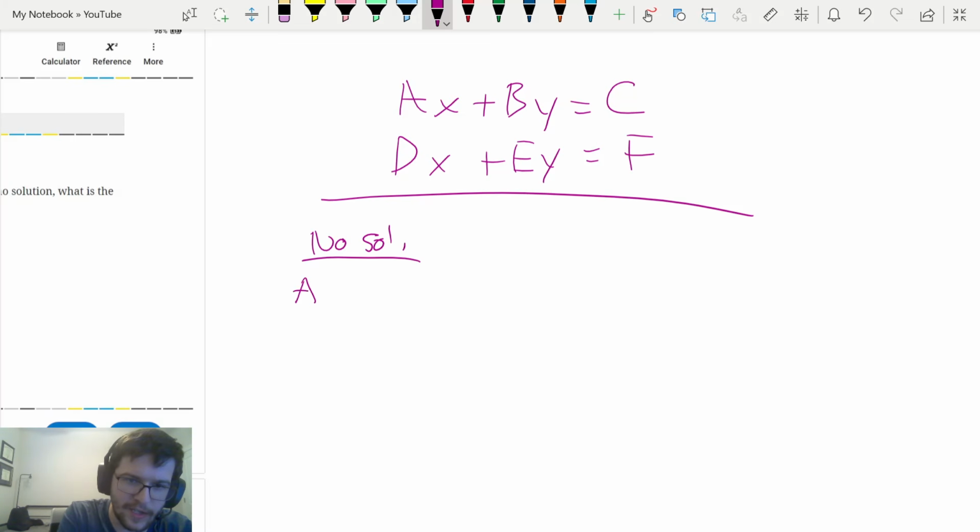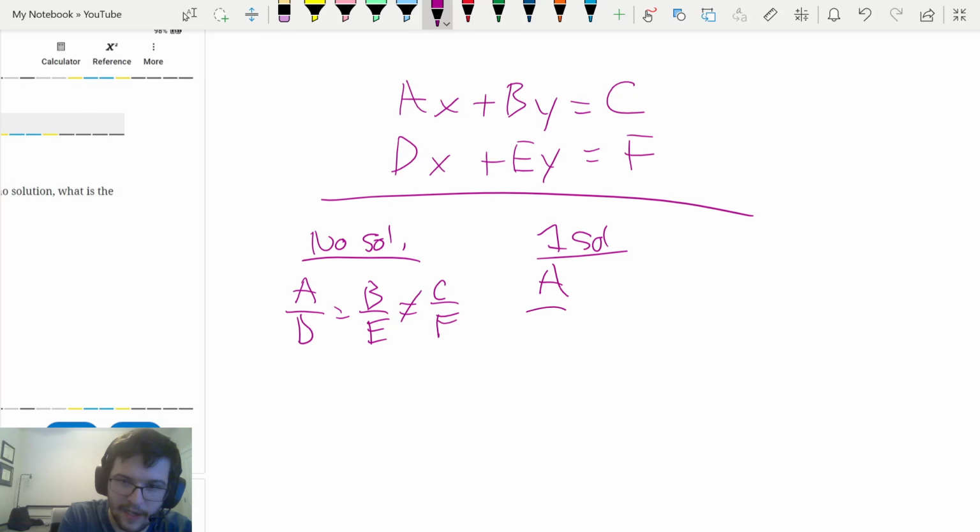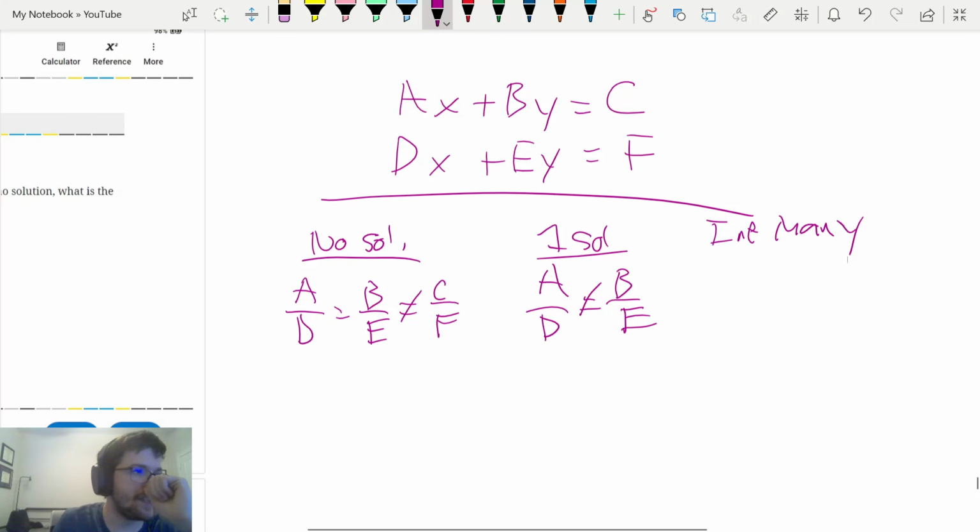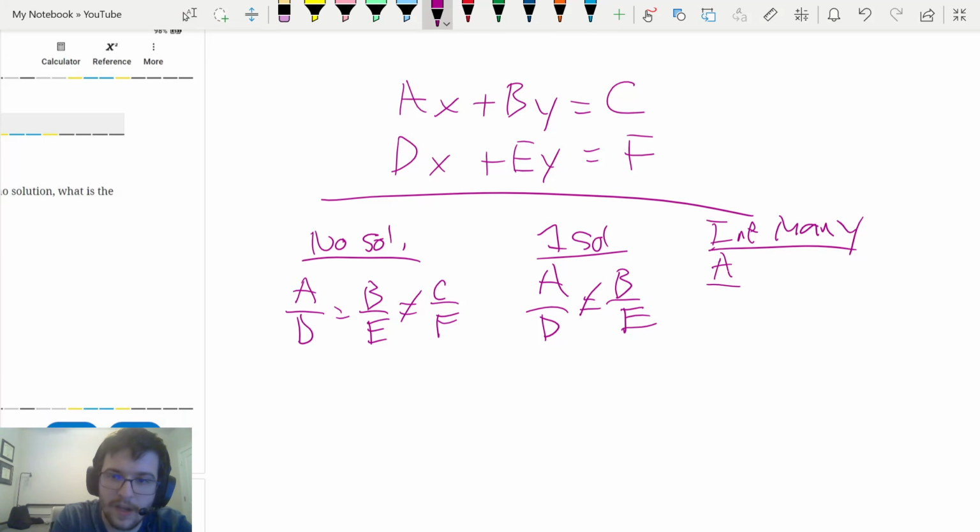So no solution is A over D equals B over E is not equal to C over F. One solution, A over D, is not equal to B over E. And then infinitely many is A over D equals B over E equals C over F.